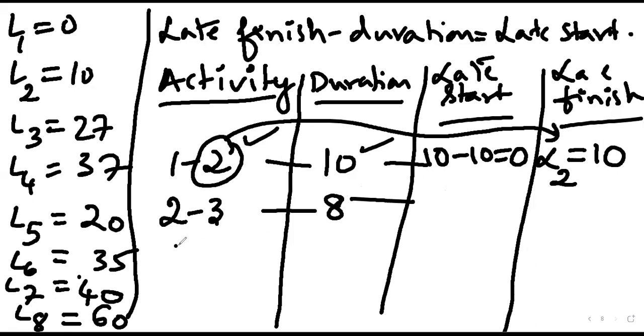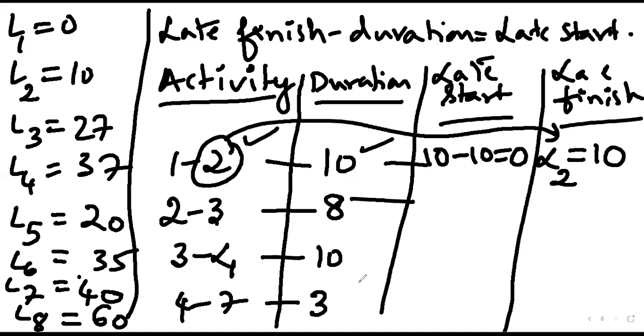And 3-4 is there? 10. 3-4 is 10. Next activity is 4-7. How much? 3.